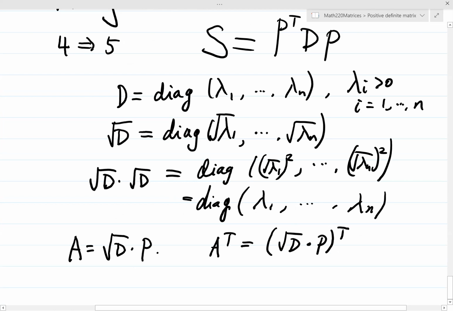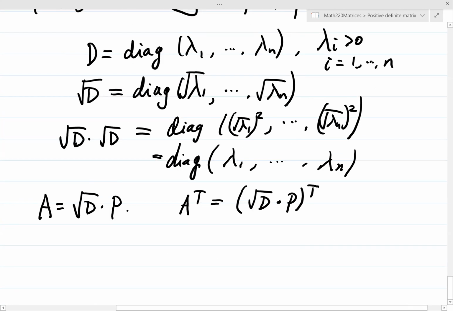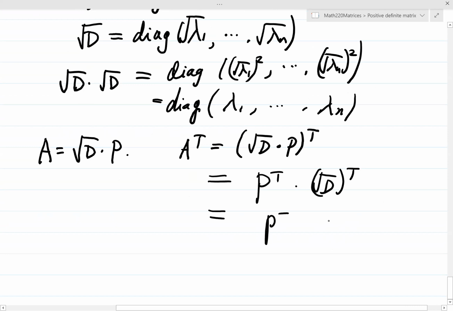When we apply transpose to a matrix product, we need to flip the order of multiplication. So P transpose, square root D transpose. Now square root D is again a diagonal matrix. So A transpose is P transpose times the diagonal matrix square root D.